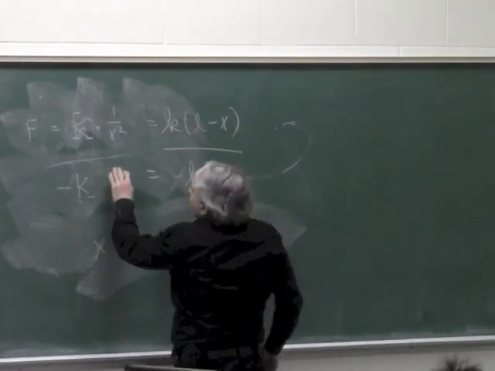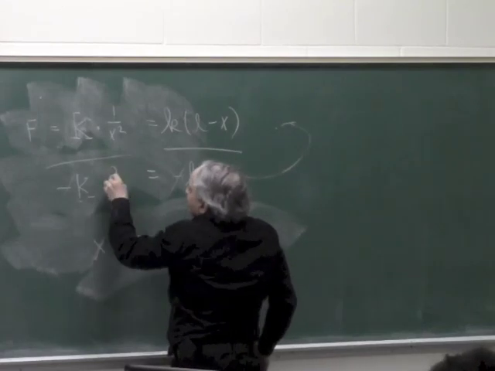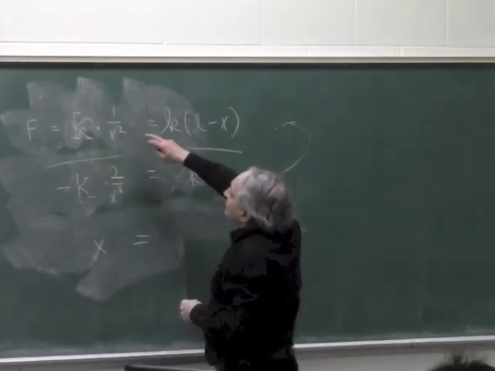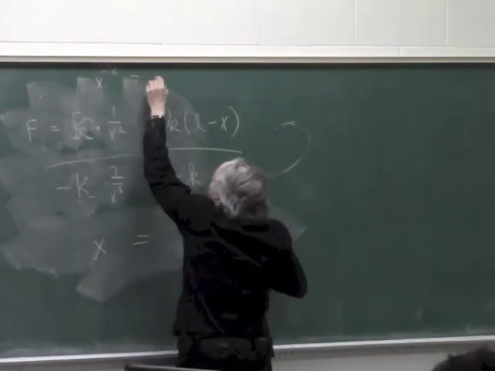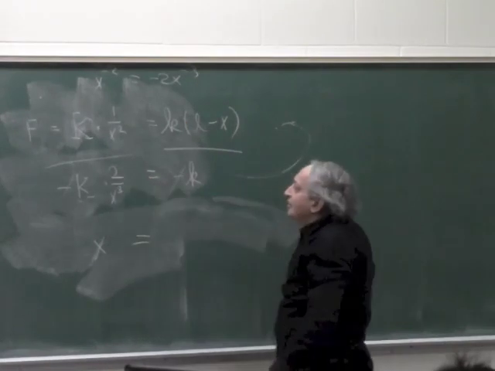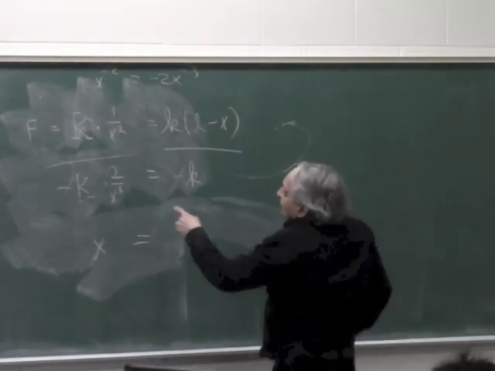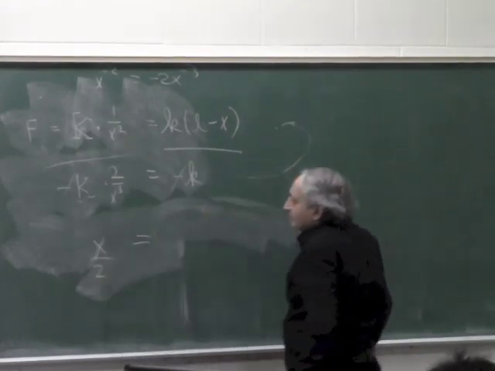Sorry, I forgot a factor 2. When I took the derivative, I have a factor 2 here, because x to the minus 2, when I take the derivative, is minus 2x to the minus 3. So please add the factor 2. So now, when I divide this by this, I get x over 2.